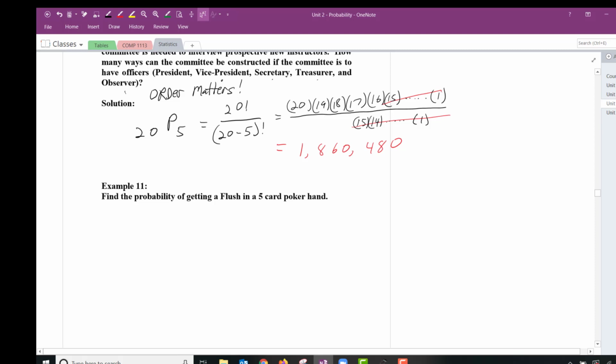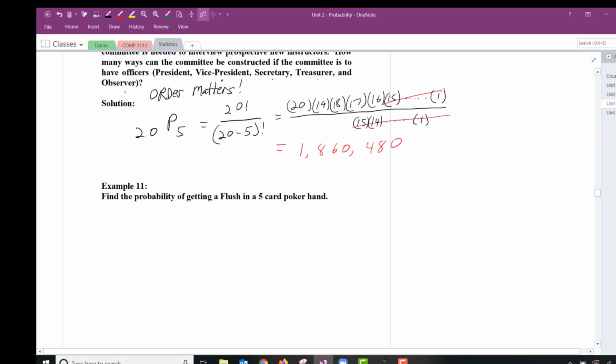I think we can say that the order of the cards in the hand doesn't matter at all, because we can move them around in our hand as much as we want, and it's still the same type of hand.